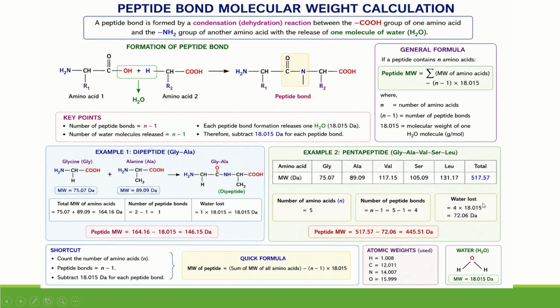So, water lost here are 4 into 18.015, that gives rise to 72.06 Daltons. Now, here the peptide molecular weight is 517.57 minus 72.06 is equal to 445.51 Daltons. So, by using these formulae, we can calculate the molecular weight of peptide.